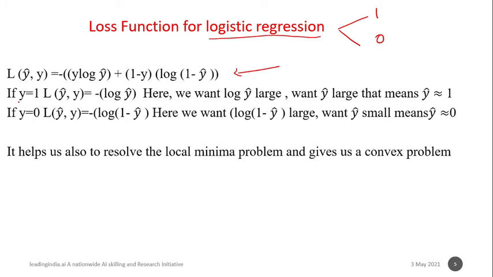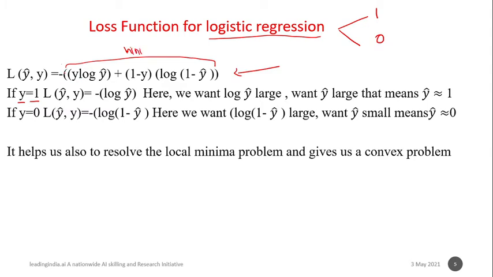Let's assume y is 1, so the original value is 1. Then your predicted value also needs to be maximized, right? Now, as this minus sign is added here, you want to minimize this term.